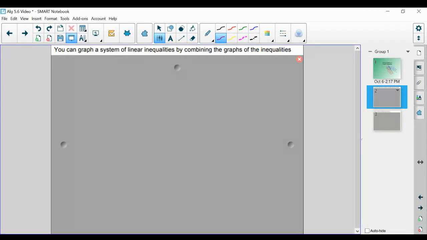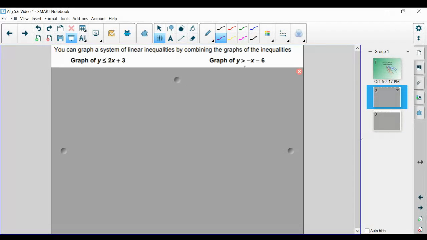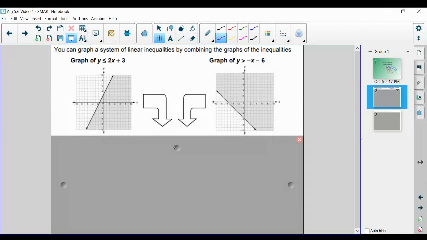So you can graph a system of linear inequalities by combining the graphs of the inequalities. Let's say we have this system and it's y is less than or equal to 2x plus 3 and y is greater than negative x minus 6. We're going to graph each one separately just to visually show you what's happening here. When we graph each of them separately, this is what they look like.